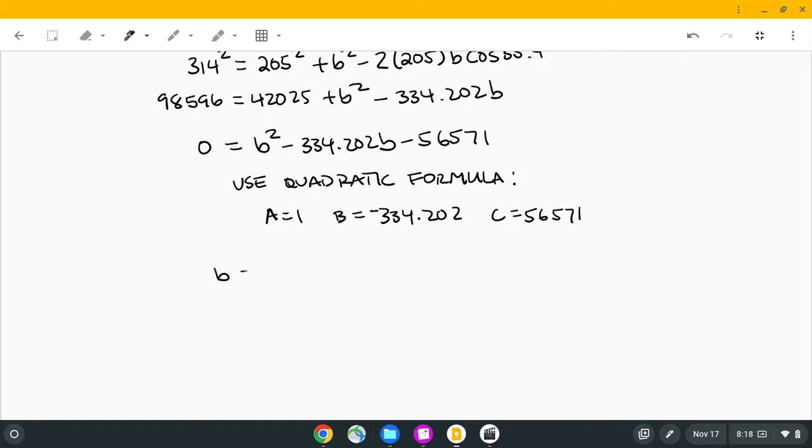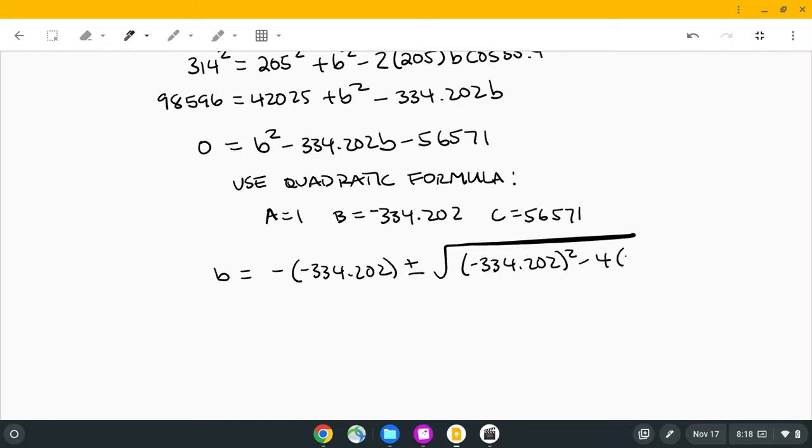So little b equals negative b plus or minus the square root of b squared minus 4 times a times c, all over 2a.